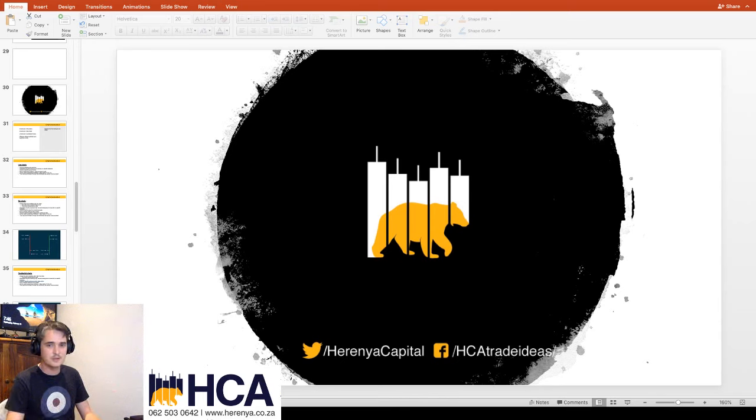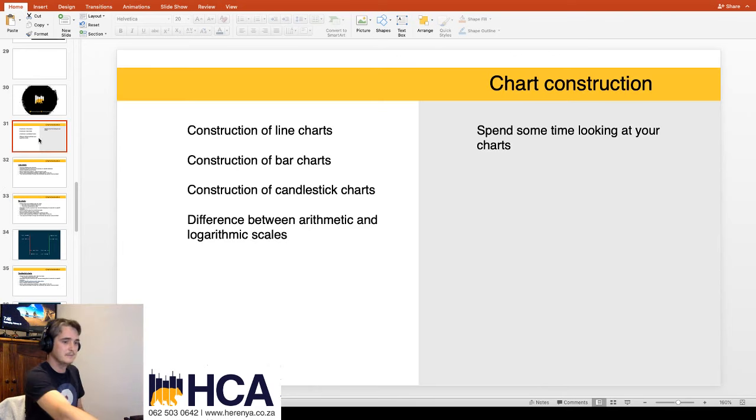So we're going to be looking at this evening something that is relatively basic but relatively important as well. That is chart construction. So how we build charts and some of the tools that we use as inputs into those charts.